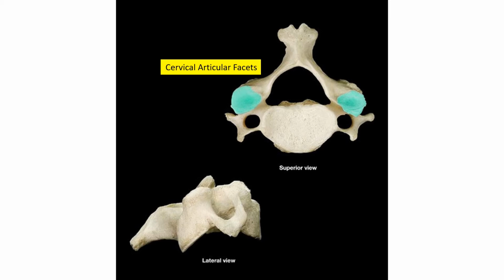A facet is a smooth area for articulation, and this is called the superior articulating process. It's a process that is going to articulate with the upper vertebra, and of course it is going to have lower articular processes for articulation with the next vertebra.